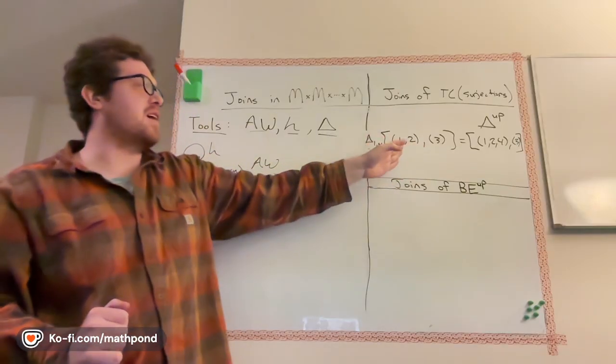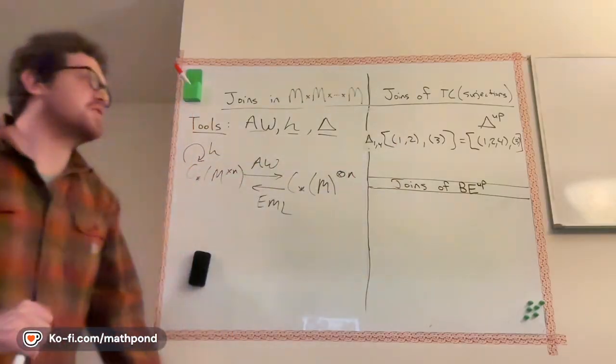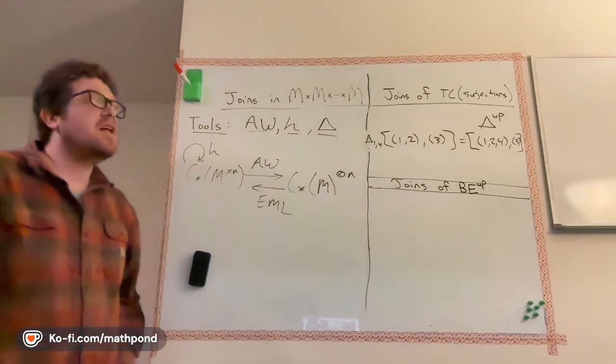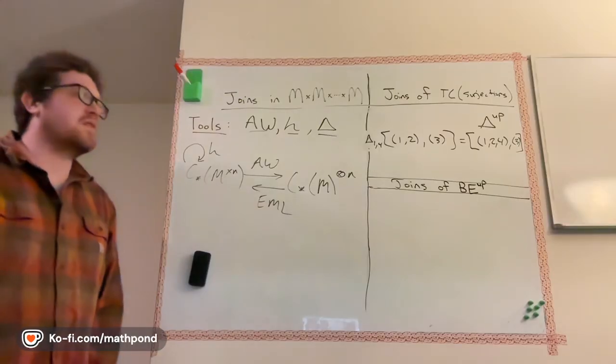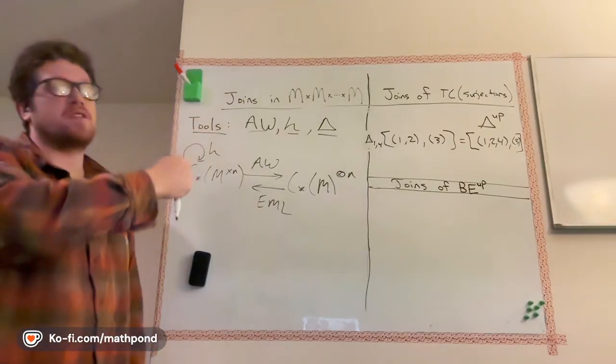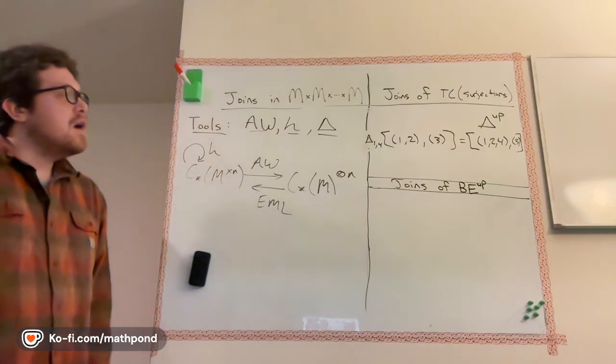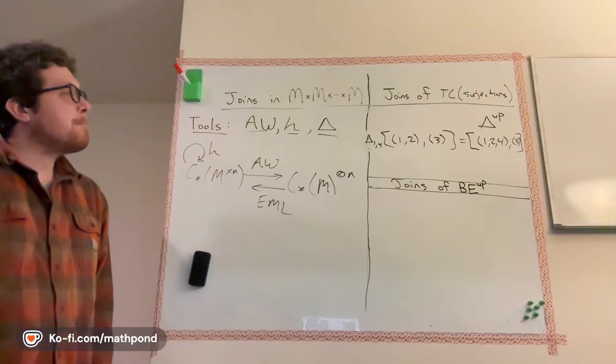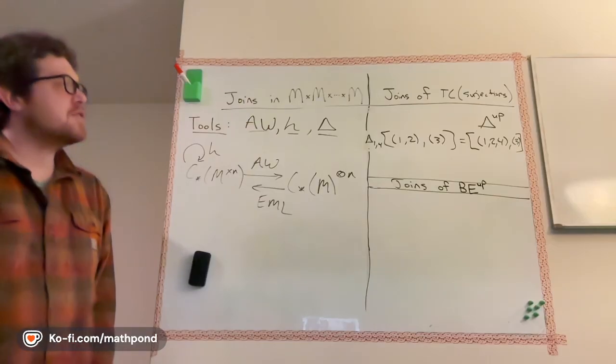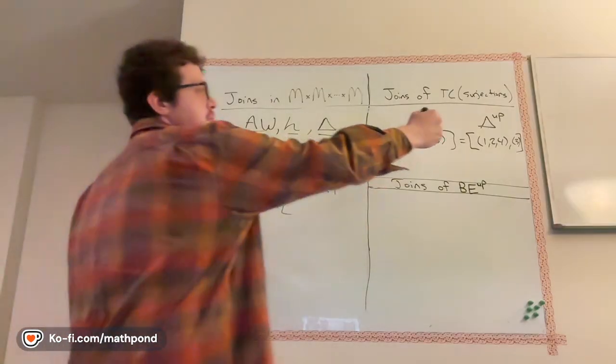You can see we partitioned, possibly, but the partitions could also just be singletons, like 1, 2, 3, whatever. So what do we have over here? We have delta maps.